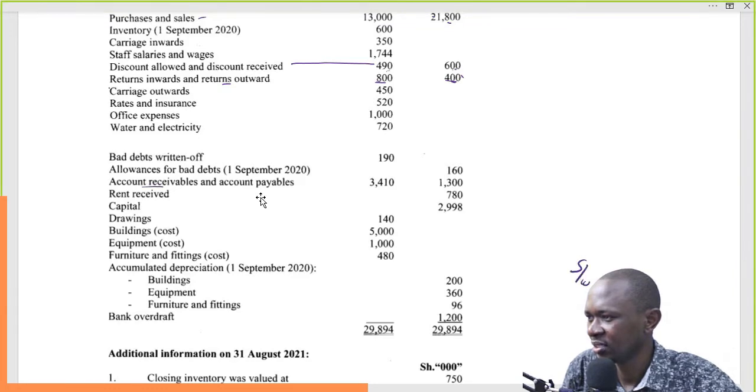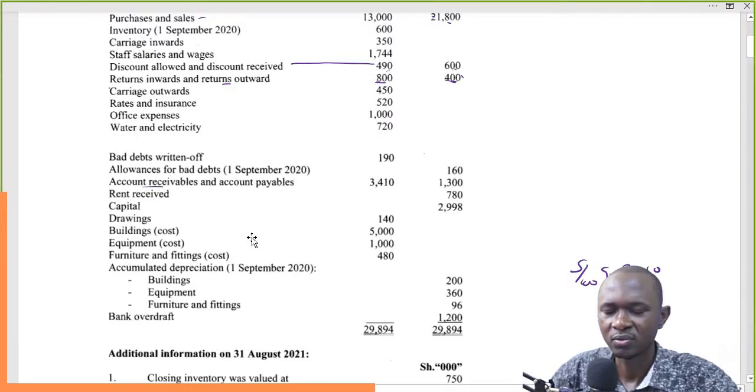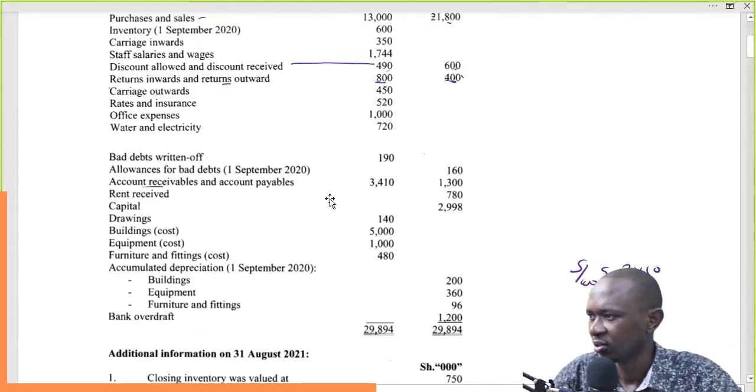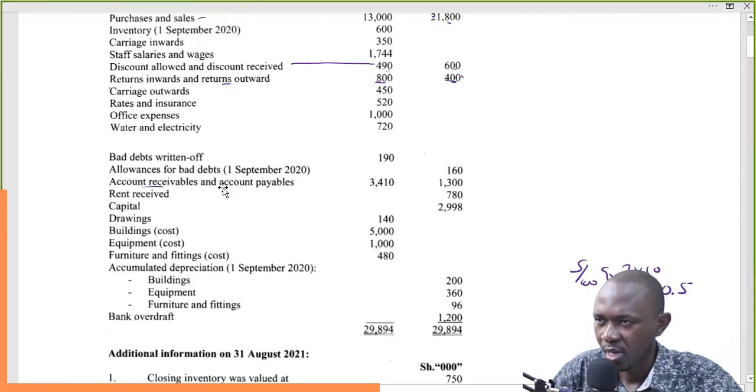So 5% of 3410, how much is that? 5% of 3410. So this is 0.05 times 3410. That is 170.5. So this gives us 170.5. Then let's check how much is the allowance for bad debts.